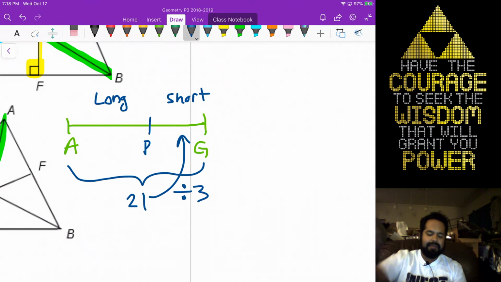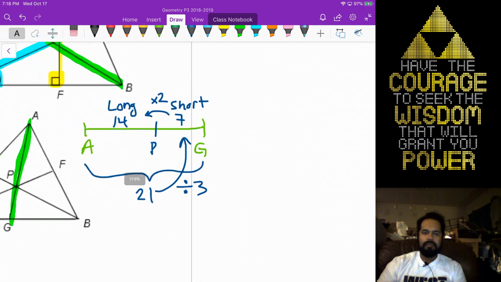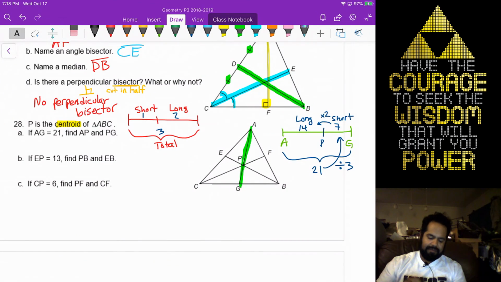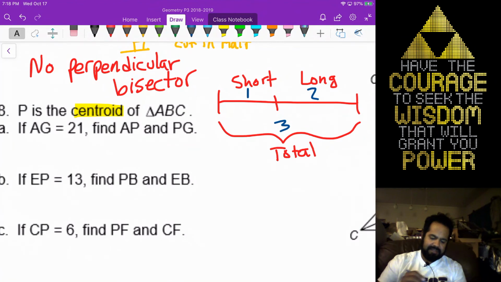So 21 divided by 3 is going to give us a nice 7. If we want to go from the short part to the long part, just multiply it by 2. And so then we go over here and we just label what we have. So AP is 14, and PG equals 7.